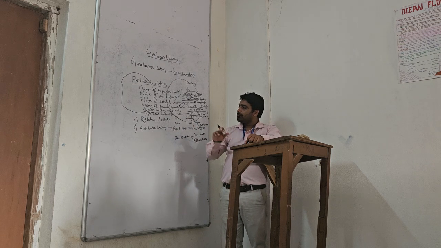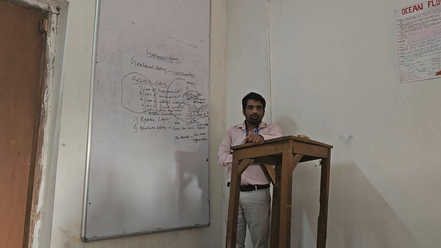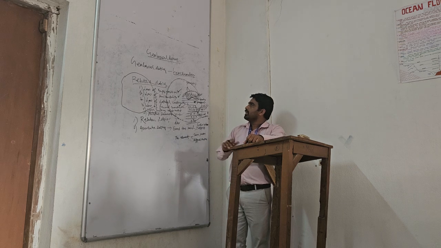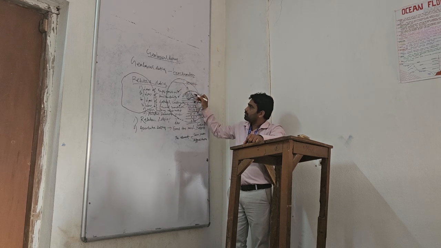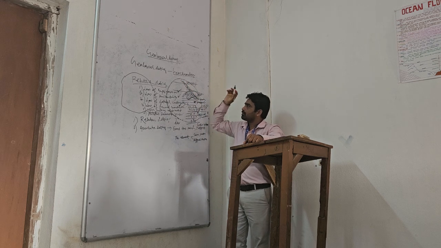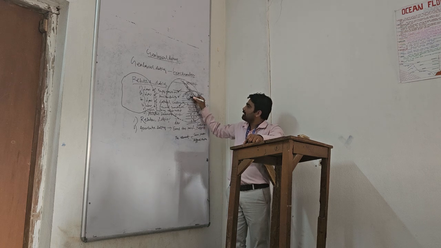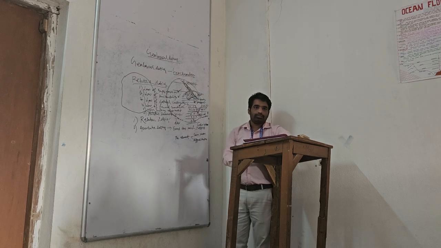Then we move to the cross-cutting relationship. Cross-cutting relationship means wherever there is a fault or fault-like feature. Here is a fault, so there is a chance of magmatic intrusion.